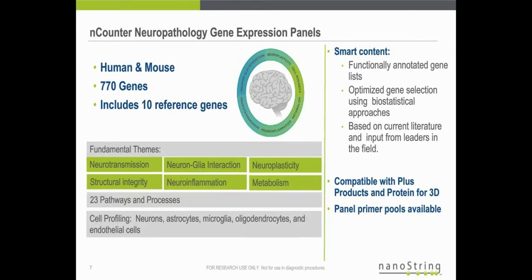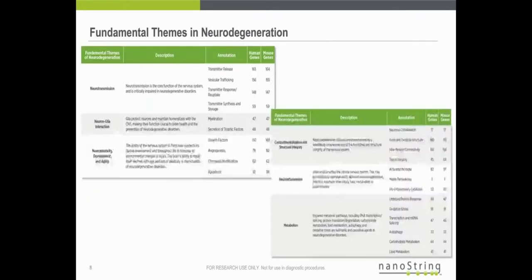You can see the 6 themes that I just mentioned broken down further. And if you look at the annotation column over towards the right, you'll see a more detailed description of categorical content, including the number of genes representing each particular pathway or function. One category I want to point out is neuroinflammation, which is a process that's highly relevant for neurodegenerative diseases like Alzheimer's and Parkinson's, but is also relevant for nearly all neuropathological conditions.